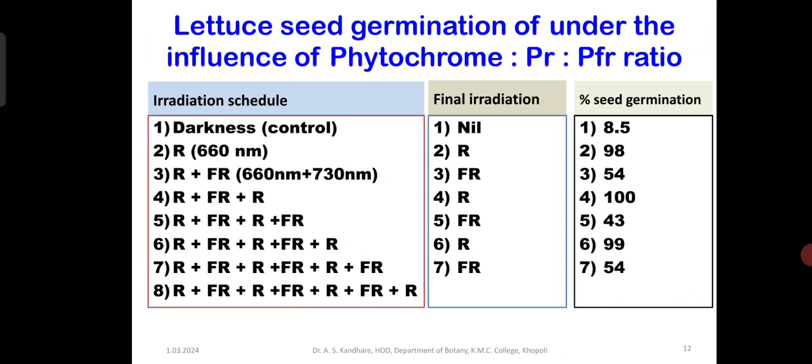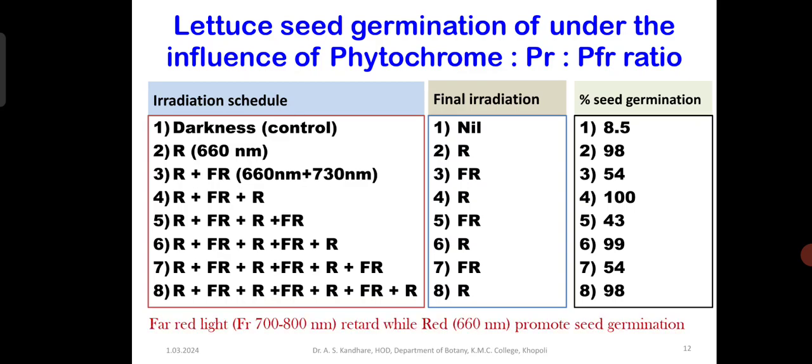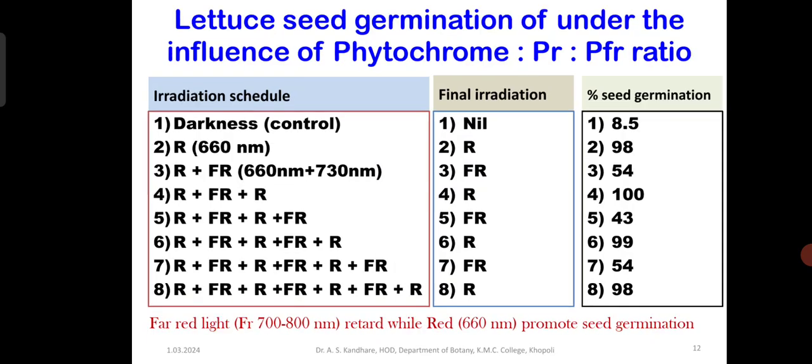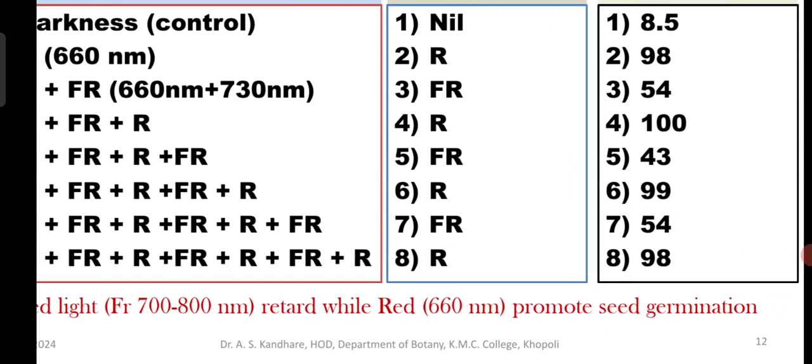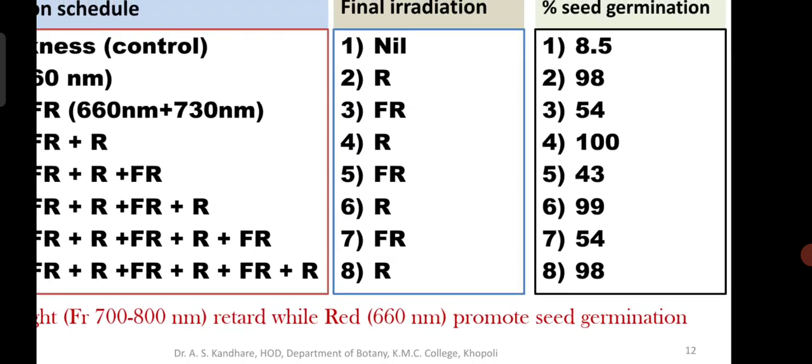So here final irradiation is red, and there will be an increase and enhancement in seed germination. So this particular experiment suggests that the red wavelength of light is very significant. If it is followed by far red, the far red light reduces the effect of red. So therefore far red light, that is 700 to 800 nanometer, retards, while red 660 nanometer promotes seed germination.